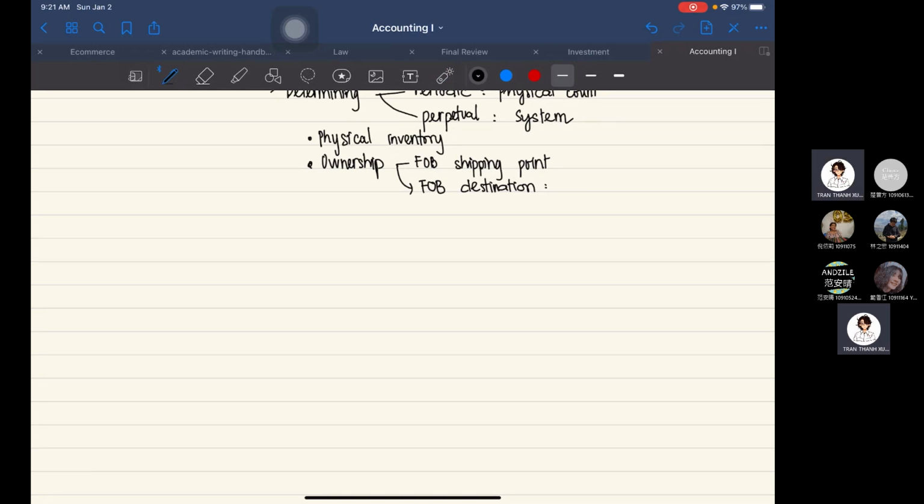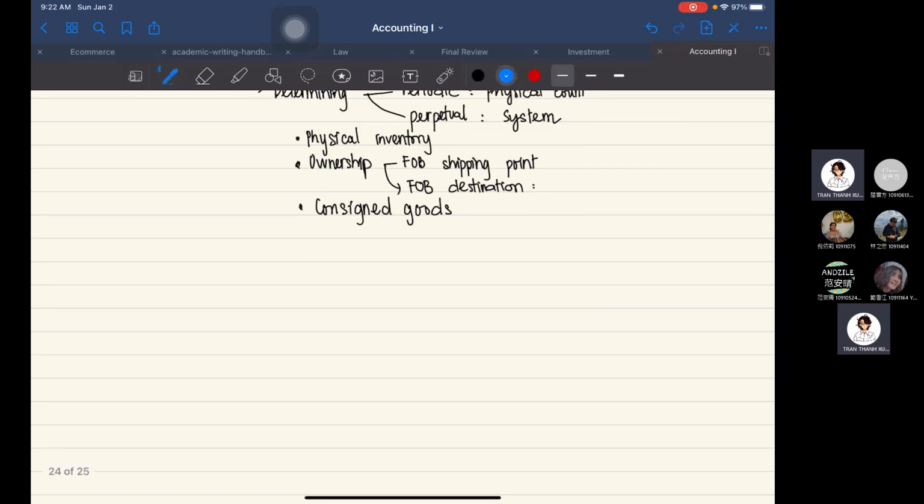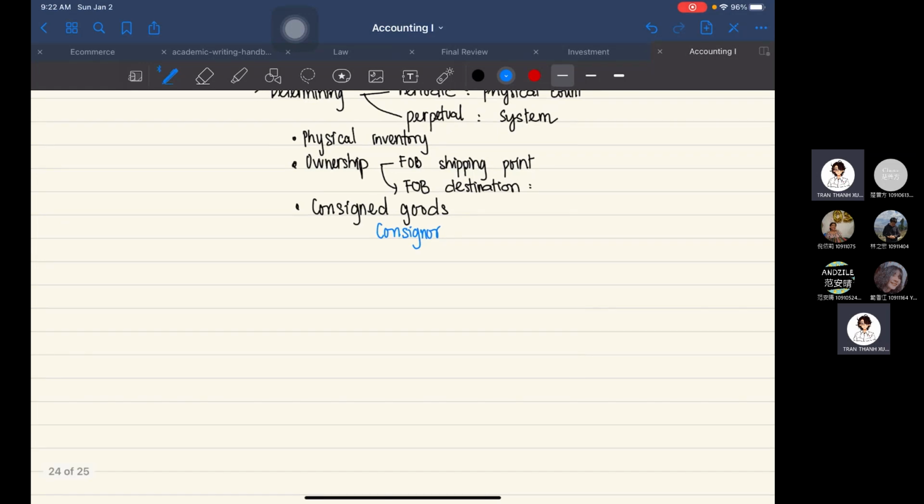And about consigned goods, this is a term of the distributor. Basically, there is a consigner and a distributor, and they will have an agreement.